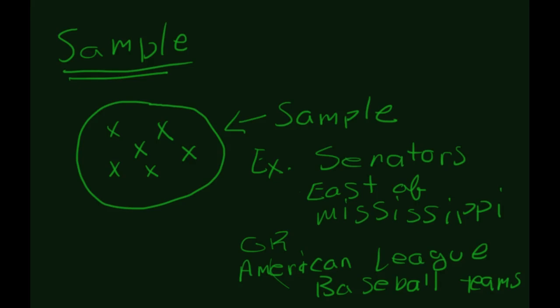And then there's the National League, which is the other half of the teams. Ultimately, this is what comprises Major League Baseball. So if you were only looking at the American League teams, that would be a sample of all of the Major League Baseball teams. A sample is typically part of a population and not the whole. We technically could include the entire population as a sample, but that's kind of counterintuitive and not very useful.